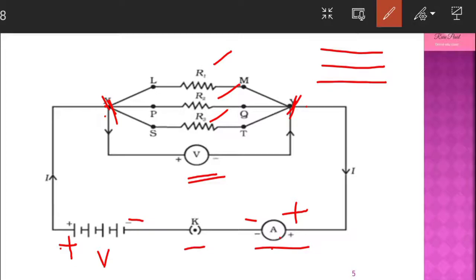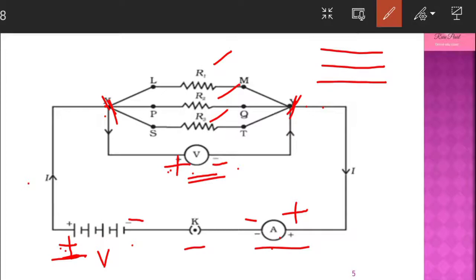Even the same way here, to measure the voltage, we have a voltmeter which is connected in this fashion. That is, the positive end of the voltmeter is connected to the positive terminal of the battery, and the negative terminal is connected to the negative terminal of the battery. Fine. So this is how we connect the elements in parallel. And we can find the current as well as the voltage across.